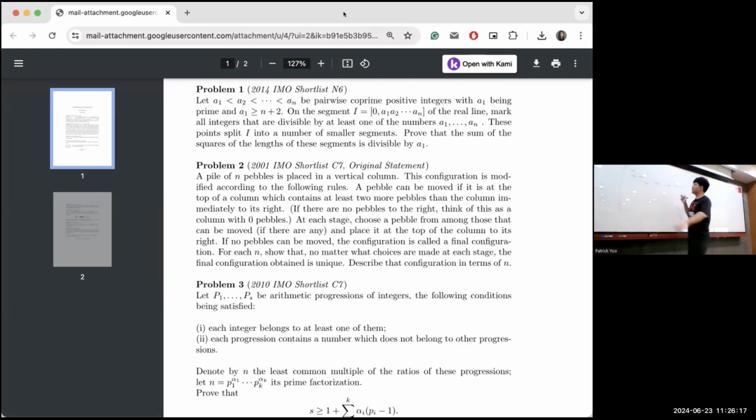So my idea was that if you take all the 1 jumps and bring them all up to the front, then, pardon? What does a 1 jump mean? Yeah. So an I jump is moving a pebble from column I to I plus 1. So a 1 jump is moving from column 1 to column 2.